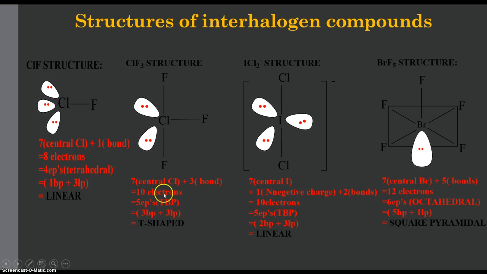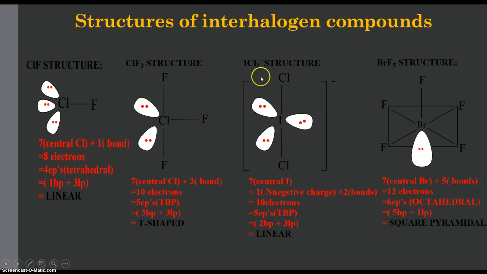But among these 5 electron pairs, 3 are bond pairs and 2 are lone pairs. So 3 bond pairs and 2 lone pairs, and if you just ignore these lone pairs, because we know that lone pairs are not going to contribute in the structure of the compound, the structure is looking like a T shape. So the structure will be T-shaped.